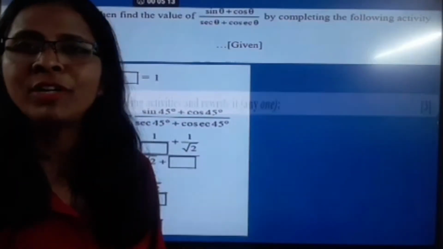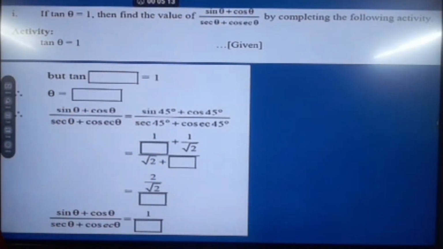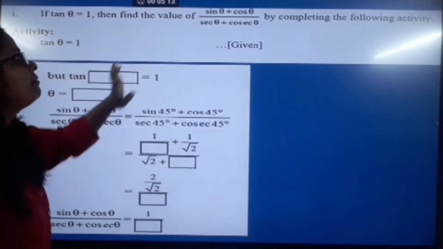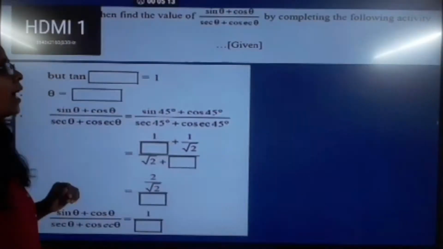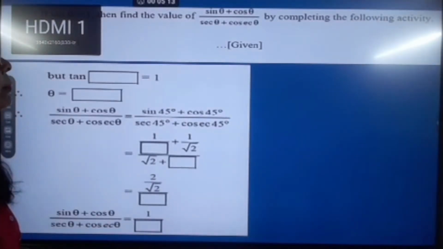Okay. So let us see the first example. So here first example is, students, if tan theta is equal to 1, then find the value of (sin theta plus cos theta) upon (sec theta plus cosec theta) by completing the following activity.